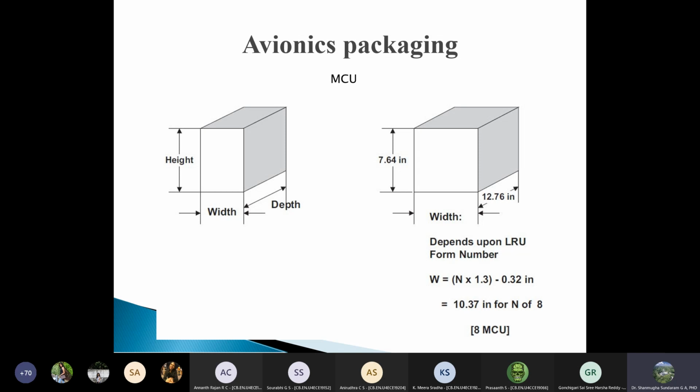In the case of the MCU, you would not have these varying dimensions, which correspond to the complexity of the electronics that goes into a specific box dimension. If it is a half ATR, you have less complex electronics in it. If it is a 1 or a 1.5 ATR, you have a large size PCB which has to be accommodated in such larger box dimensions.